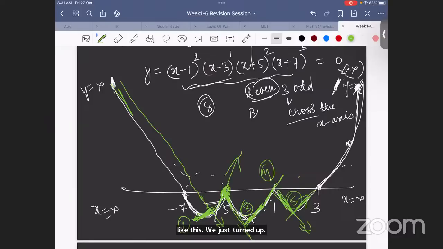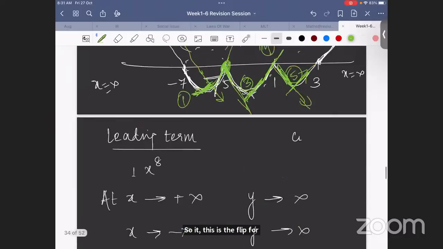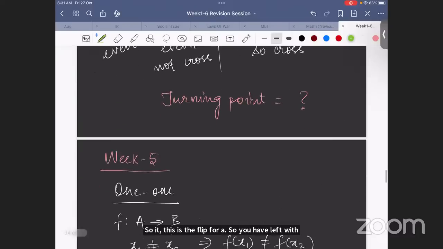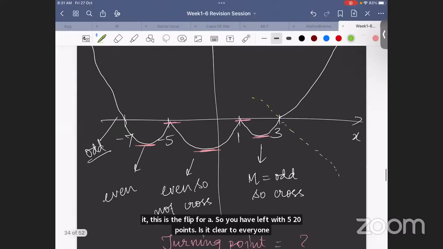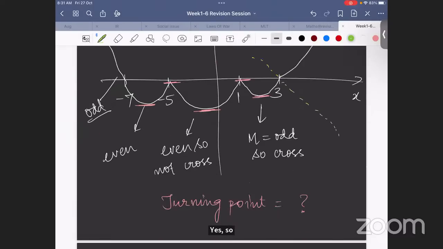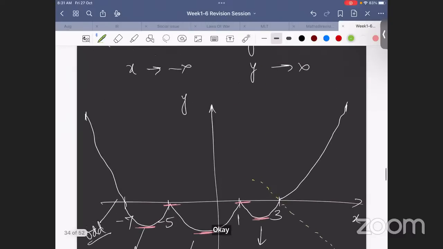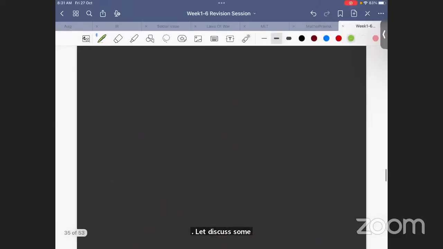Let's discuss some problems. The concept we have discussed, and I don't think there will be much problem where you'll be facing an issue. Let's discuss some problems now. I'll mix all the concepts from weeks 1, 2, 3, and 4, and then I'll give you some questions.